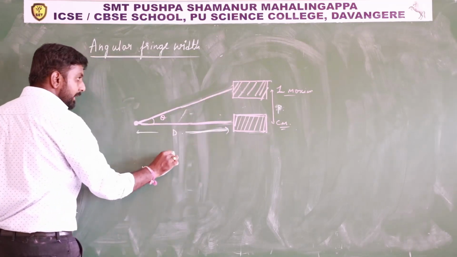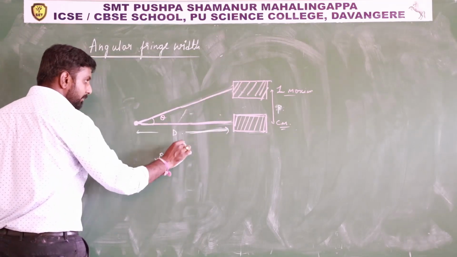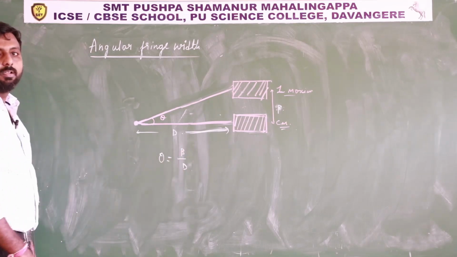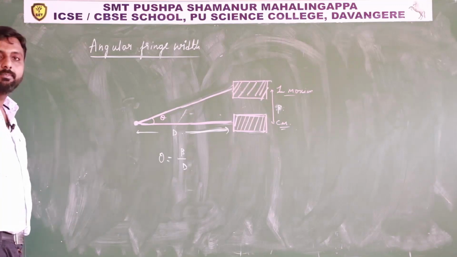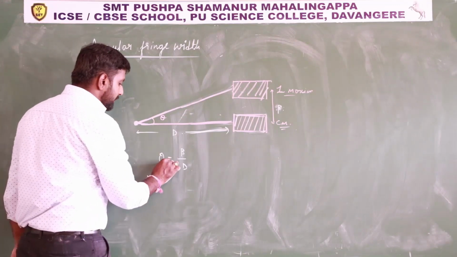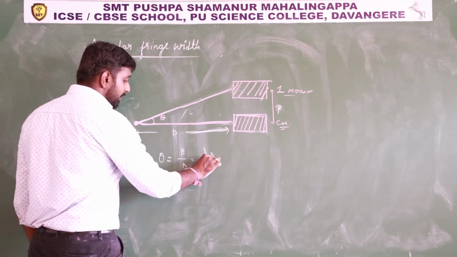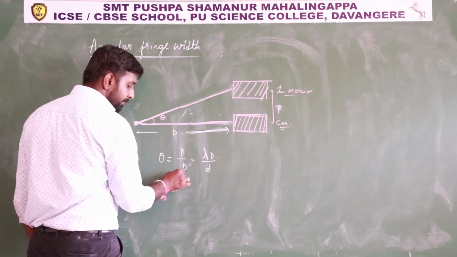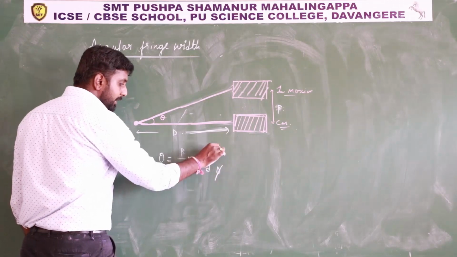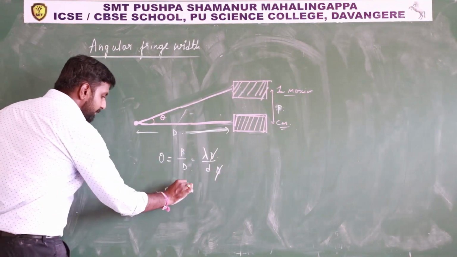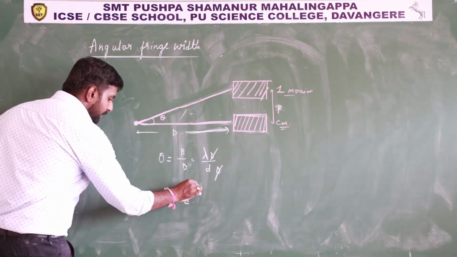So you can see in the diagram, theta equals arc by length, means you can write beta by capital D. This is the angular fringe width. This equals, beta means lambda capital D divided by small d. Here one more D is there, this D and D will get cancelled. Then the expression becomes lambda divided by small d.